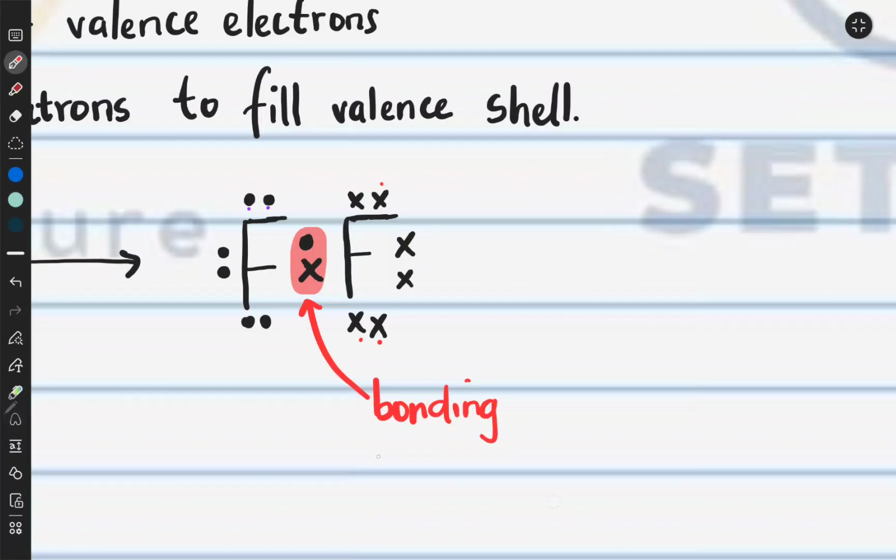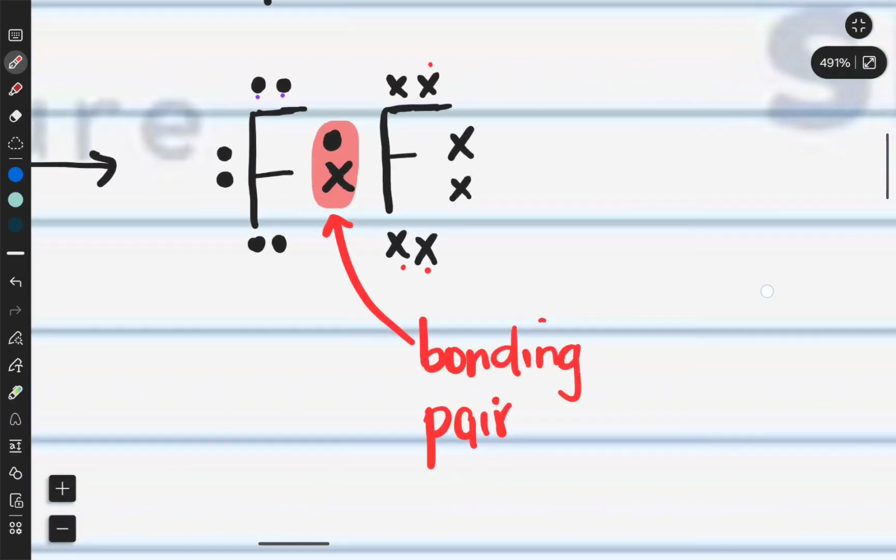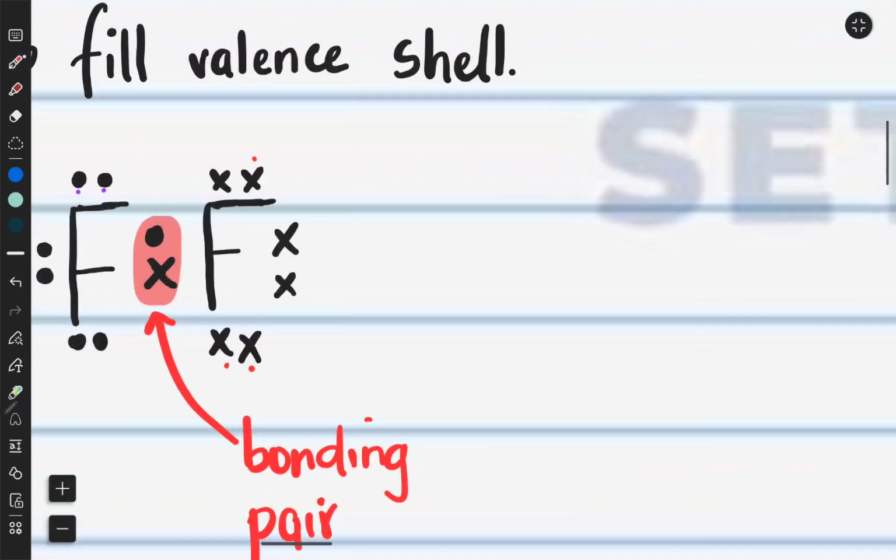Since there's only one bonding pair, remember pair means two things that go together, right? Whenever you wear your shoes, since you have 2 feet, they come as two. They come as a pair, right? Same thing here. We have 2 electrons that are being shared amongst these 2 fluorine atoms, and we call them a pair of electrons. We call that pair a bonding pair.